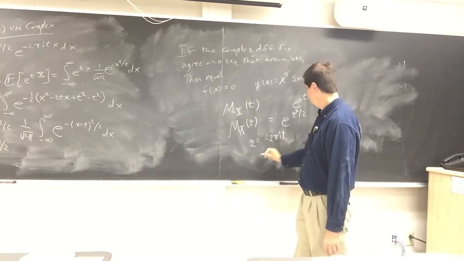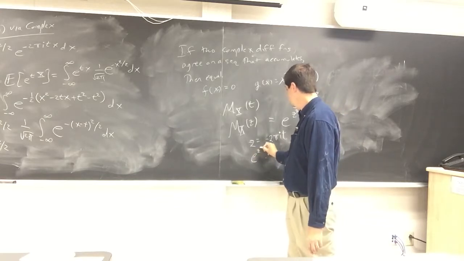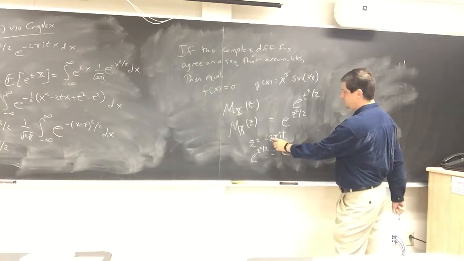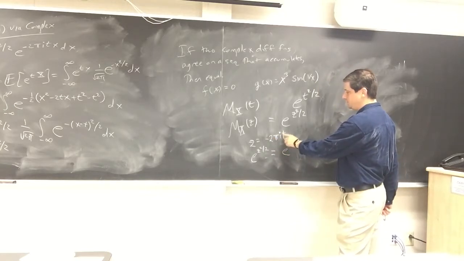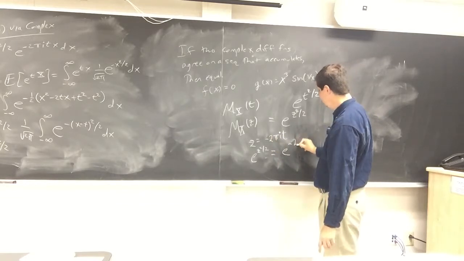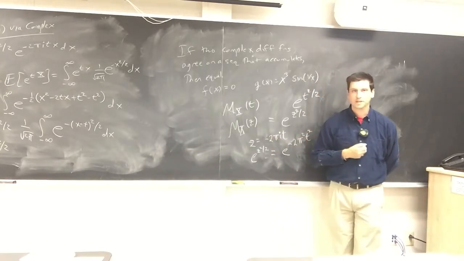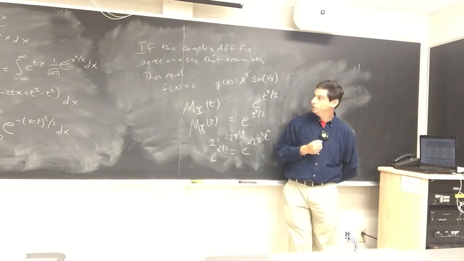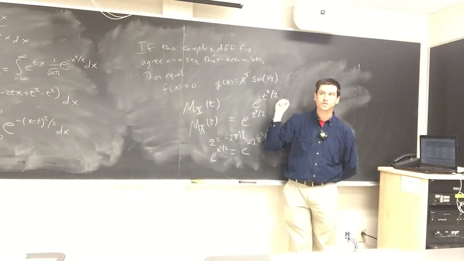Then e to the z squared over 2 becomes e to the... we square the negative, becomes a positive. We square the i, becomes a negative. So we have a negative. We'll have a 4 over 2, which is a 2, pi squared t squared. And that's the Fourier transform of the Gaussian, of the standard normal, e to the negative 2 pi squared t squared. And we got it from this beautiful result in complex analysis.